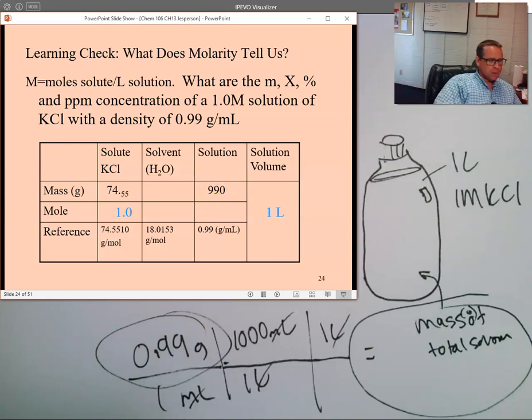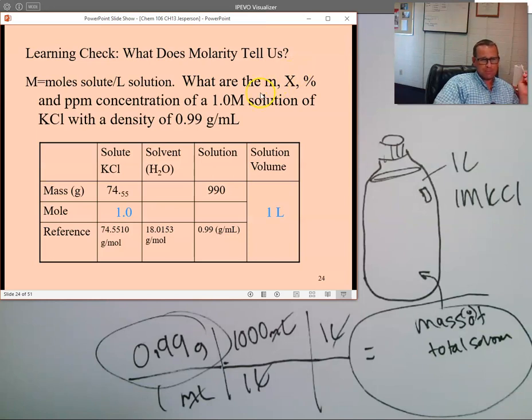Now, Leata, back to the beginning here. What are the 2 boxes I need to get molality? What is molality again, Leata? It is moles of solute per unit solute.